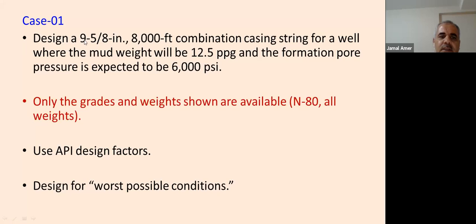This casing is 9 5/8 inch at 8,000 feet. They also give us mud weight 12.5, formation pressure 6,000 psi, and they told us we have only one grade available in all weights. Also they told us to use API factors.